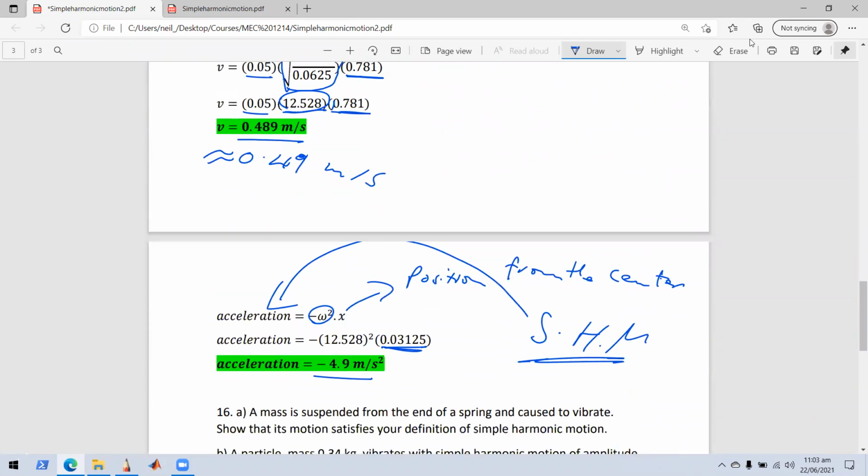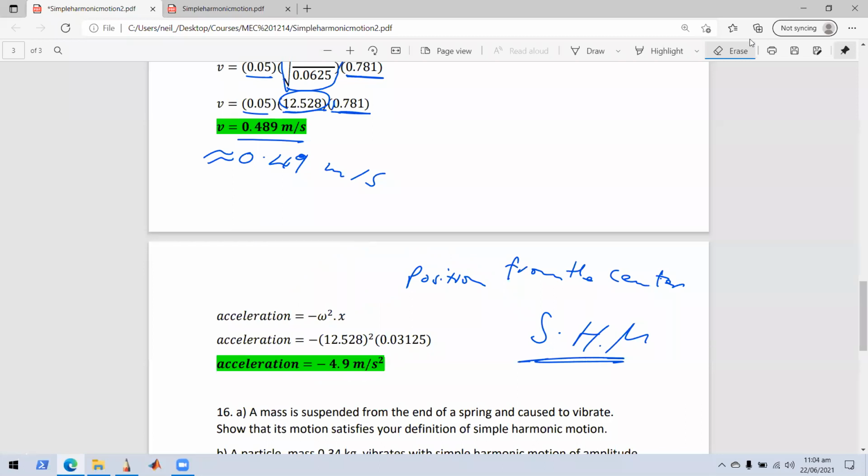So plugging those values in, remember to square this and not just multiply the two. It's omega squared. Plug this into a calculator and you should get 4.9 meters per second squared. There are other ways to work it, but this way is pretty simple: three lines, right?